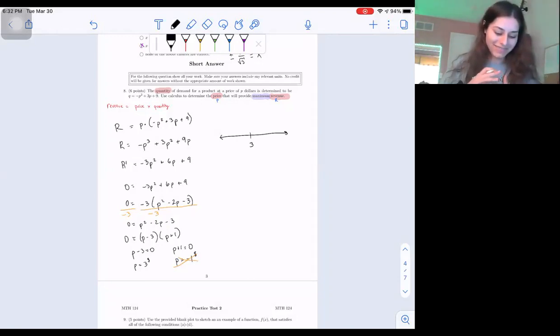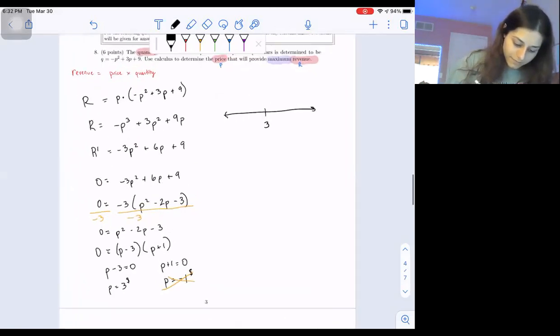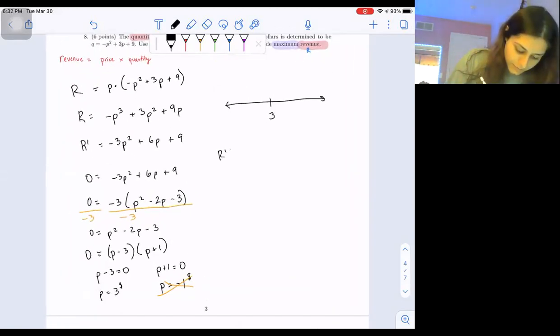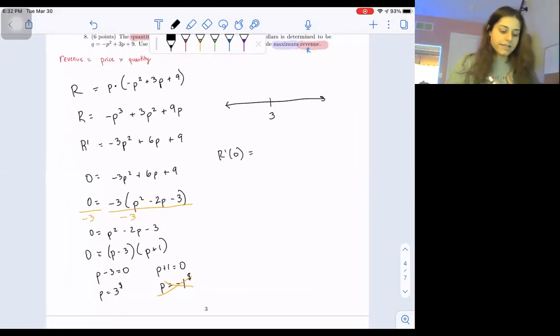From the left, I will take a random number, let's say 0. That's really easy. Plug in 0 for R prime. So R prime of 0. If we put in a 0 here, that's all 0. Put in a 0 here, that's all 0. So we're just left with a positive 9.